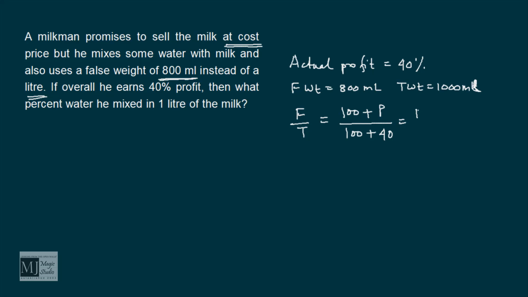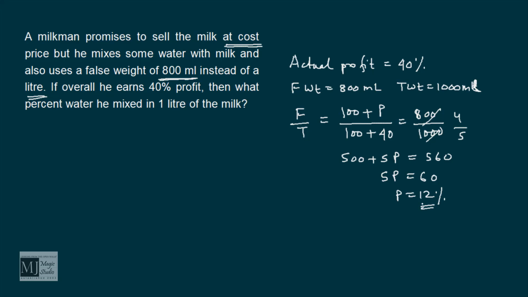This equals 800 by 1000, that is 4 by 5. 500 plus 5p equals 140 into 4, 400 and 160, 560. So 5p is 60, where p equals 12%. That means his professed profit should be 12%.